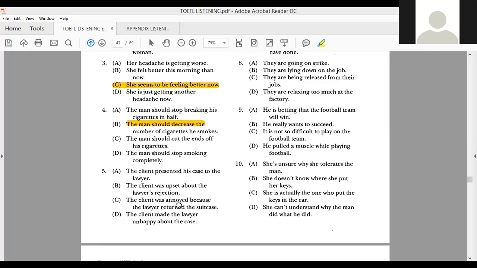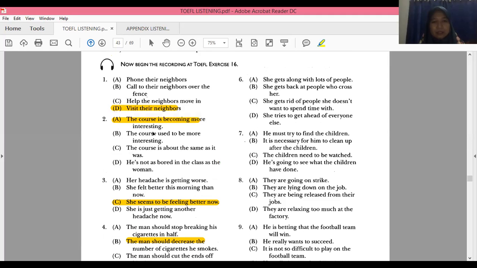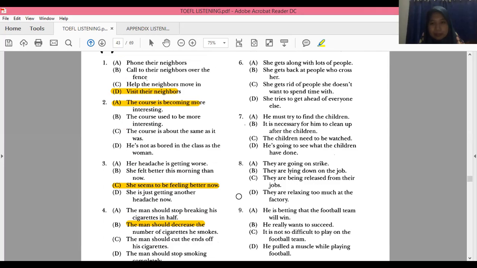Bravo. Bravo was upset. Phrasal verbnya apa, Miss? Turn down. Turn down, that's right. Yang di sini turn down sama dengan refused. He was upset about the lawyer rejection karena lawyernya refuse. Yang atas tadi turn into becoming, yang this one turn down, refuse or reject.